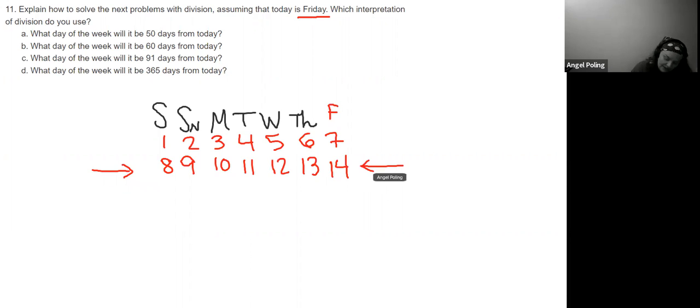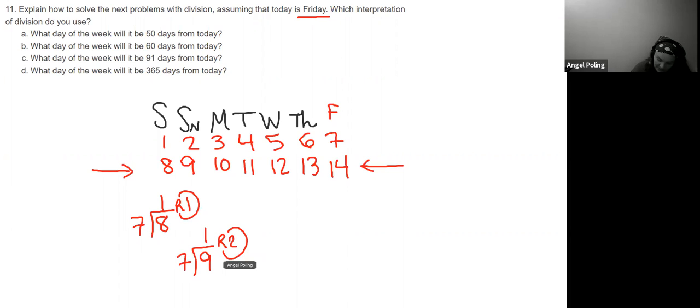If we divide 8 by 7, we get 1 remainder 1. If we divide 9 by 7, we get 1 remainder 2. If we divide 10 by 7, we get 1 remainder 3.